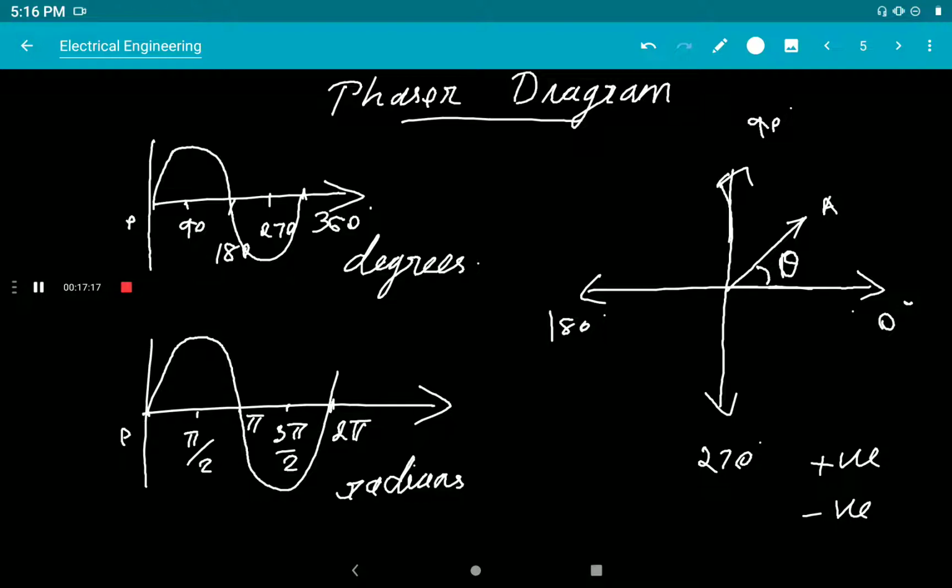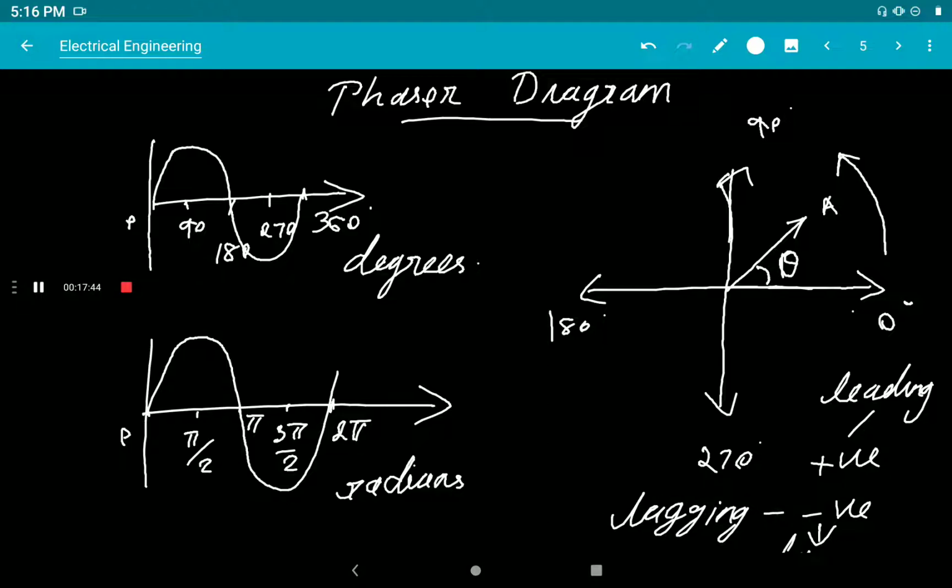Positive or negative angle. That is, a positive angle means leading. A leading angle is measured in the anti-clockwise direction. If a waveform is leading, we mark it in the anti-clockwise direction. If it is negative, which is lagging, a lagging wave is represented as negative.